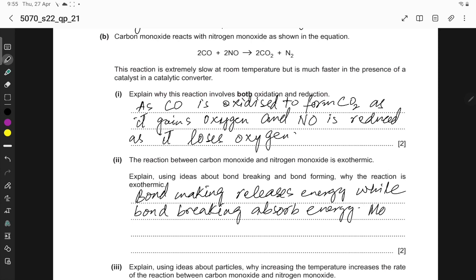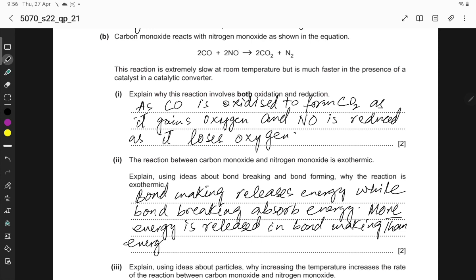So more energy is released in bond making than energy absorbed in bond breaking.